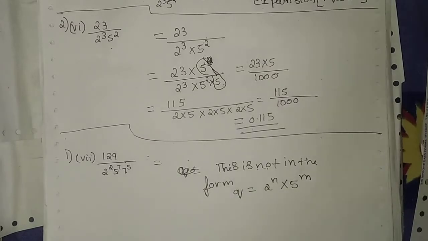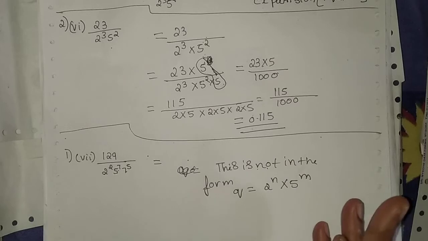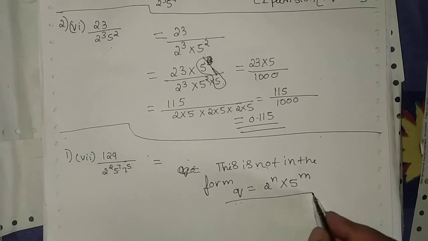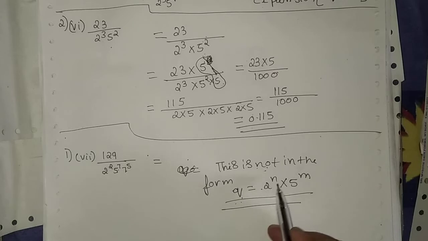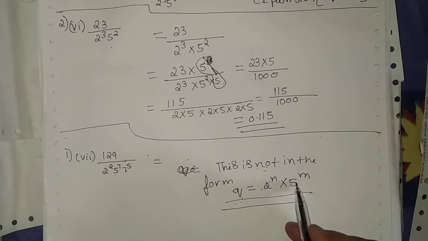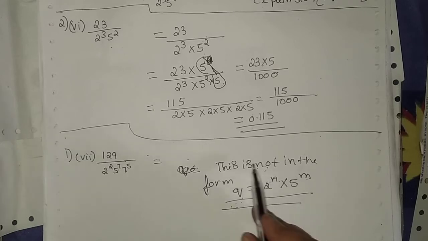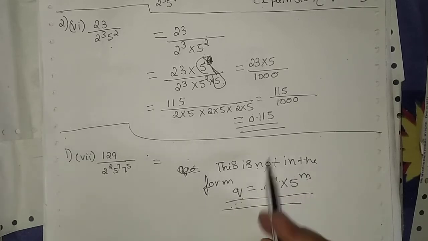In the question they have asked whether it is a terminating decimal expansion or non-terminating repeating decimal expansion. So this one will become the second form. When this is not in the form 2 power n into 5 power m, no need to solve the second question. Only when it is a terminating decimal expansion, then only we have to solve the second question. So this is not in the form, right.